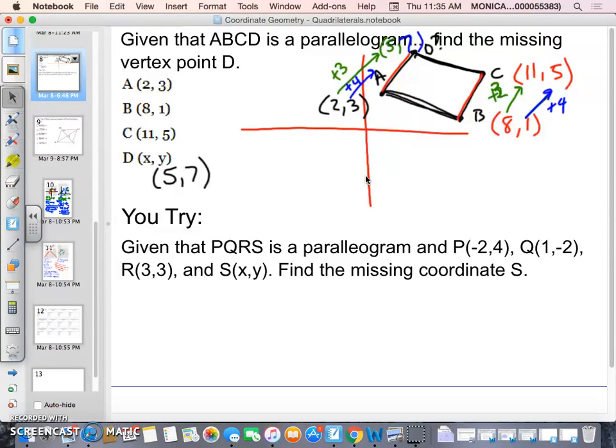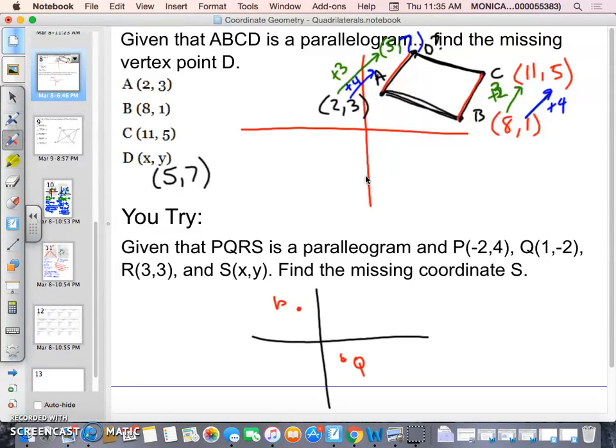So why don't you go ahead and try the next one and see if you can figure this one out. All right, so you pause the video and now you're coming back to check to make sure that you were able to find the missing coordinate S. So the first thing I'm going to do is estimate how this looks on a coordinate plane. So negative 2, 4 is like here. 1, negative 2 is like here.